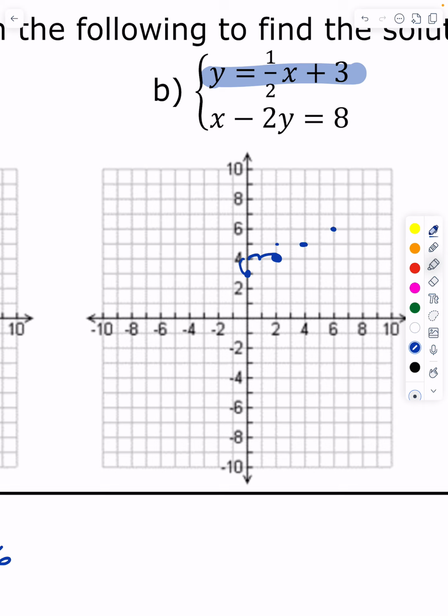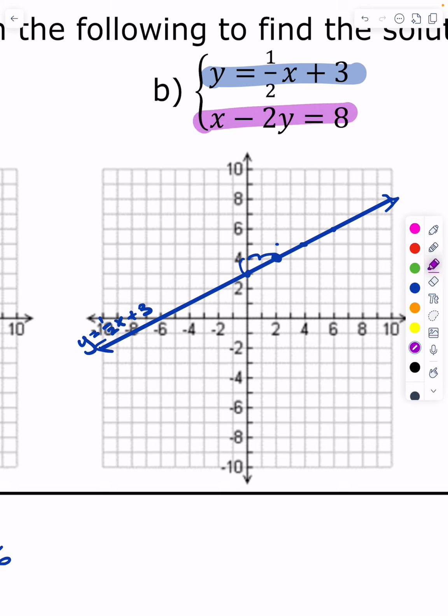Up 1 over 2. And I get this line right here. Sometimes it's helpful if you are graphing a lot to label them if you need to keep track of things, or just use colored pencils and color code here.